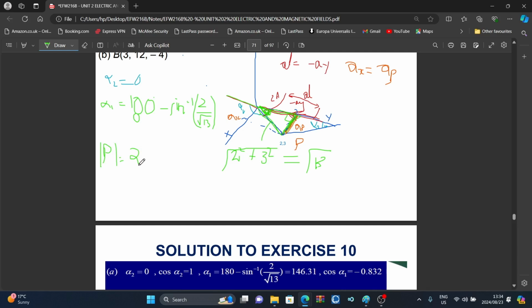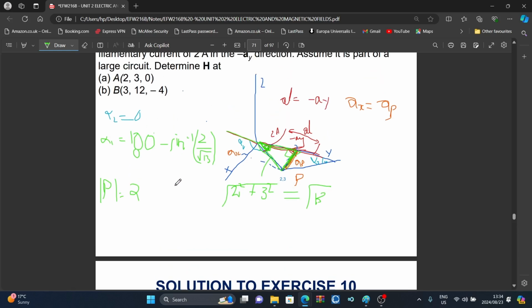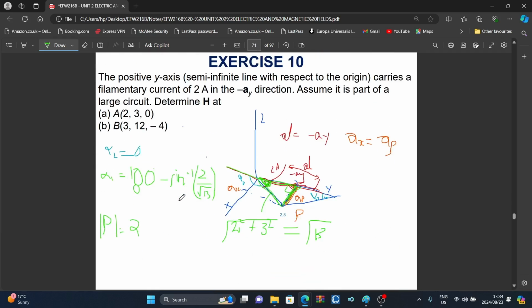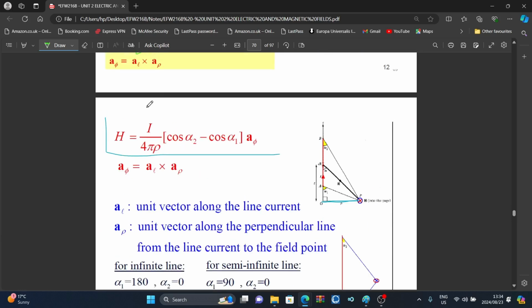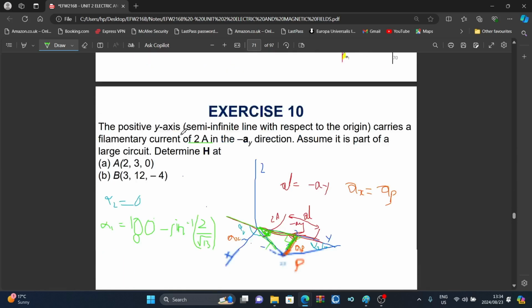That's the magnitude of phi. So I believe we have found all these values: our phi, alpha 1 and alpha 2. And then we have our current, which is already given as 2 amps. And then using this formula, you will find your value.